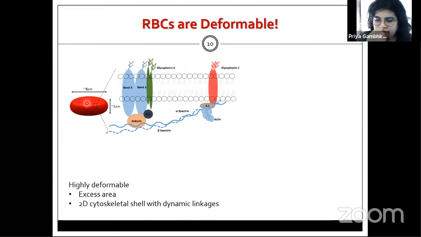It's filled with a watery substance called cytoplasm. Their membrane has this kind of a protein lipid structure. You need not go into the details of this. Just understand that this structure is very elastic.